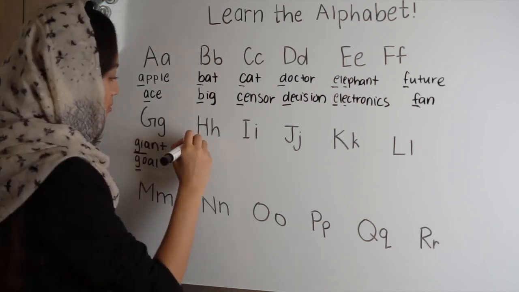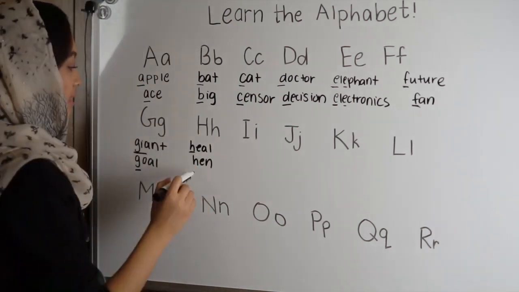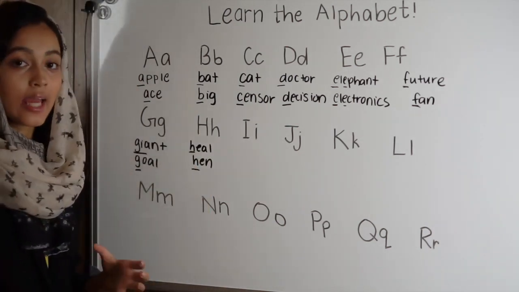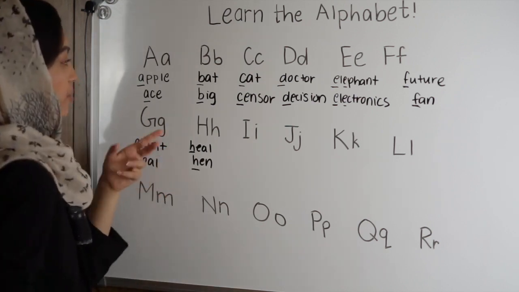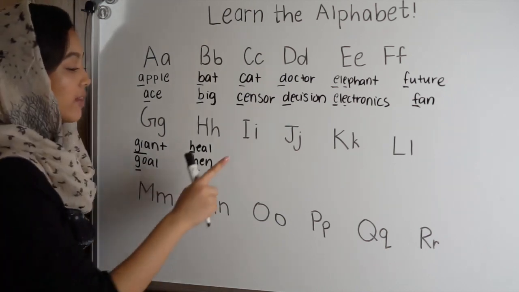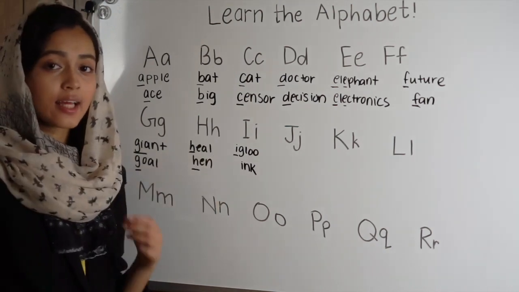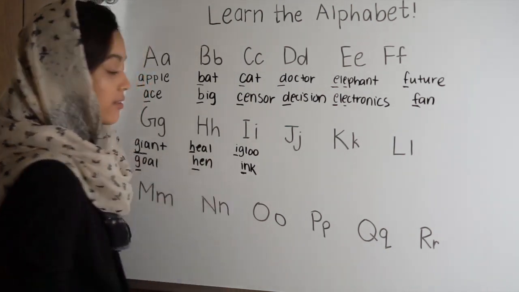Moving on to H. We have heel, and hen. The pronunciation of H, basic the difference name, so that's not too hard. Moving on to I. We have igloo, and ink.